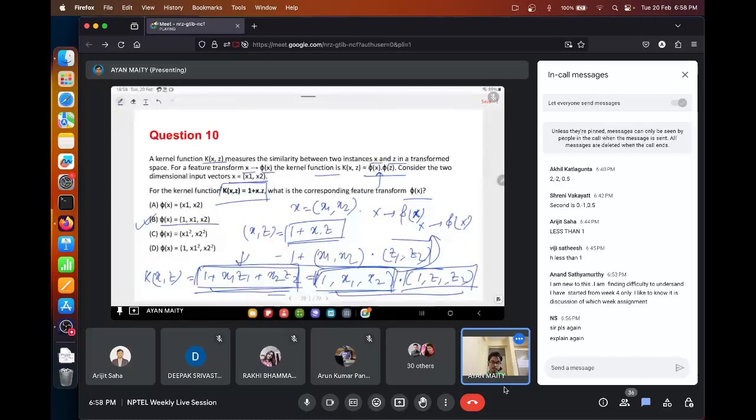I don't need x1 z2 or x2 z1. That's why I am using the dot product: only then will I get x1 z1 and x2 z2 only, and not the other two terms, x2 z1 and x1 z2.